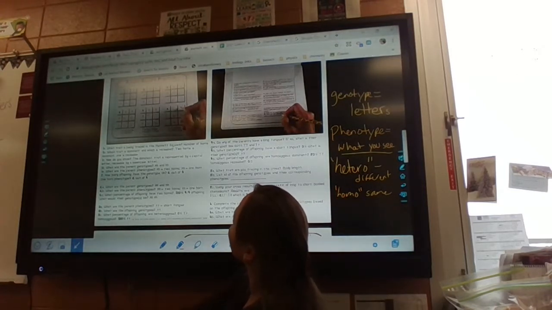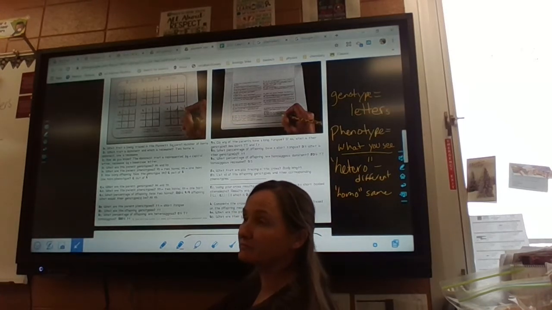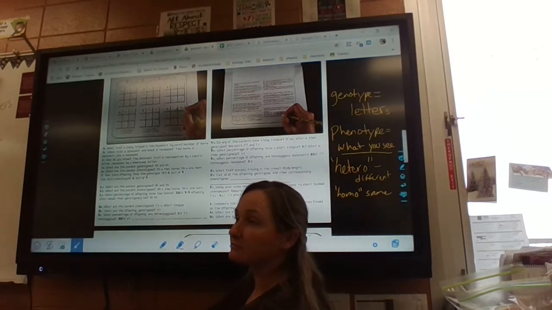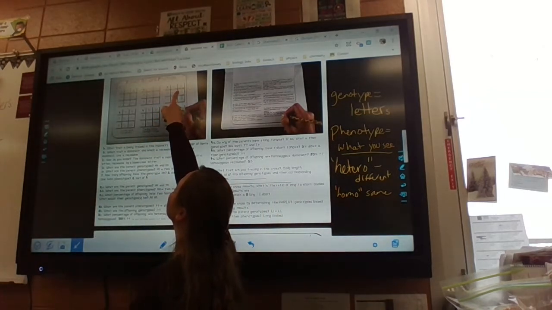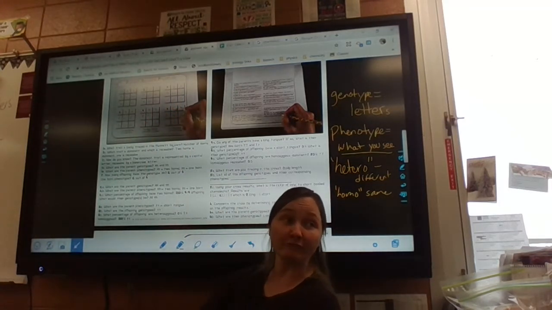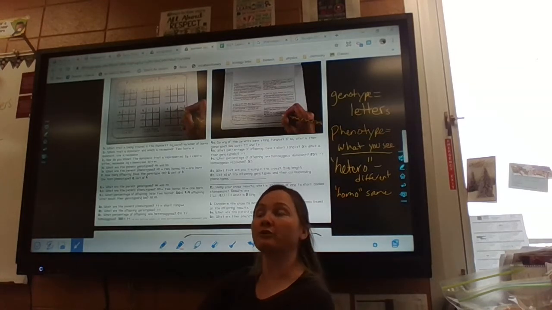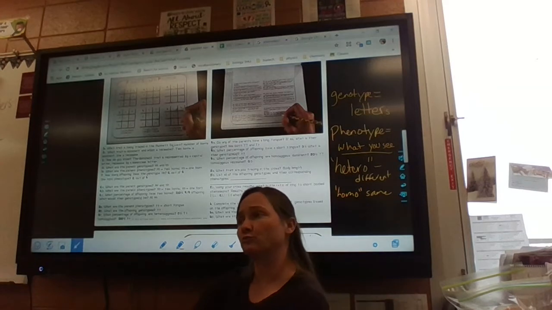All right, so you have how many different genotypes? I see 3. Is that what you see? Because I see capital L, capital L, little l, and 2 little l's. So I see 3 different genotypes. So what are their 3 phenotypes? Or are there only 2?